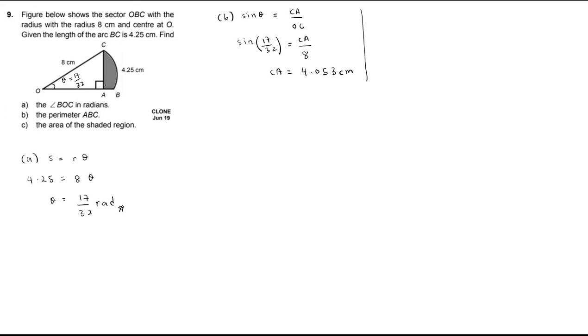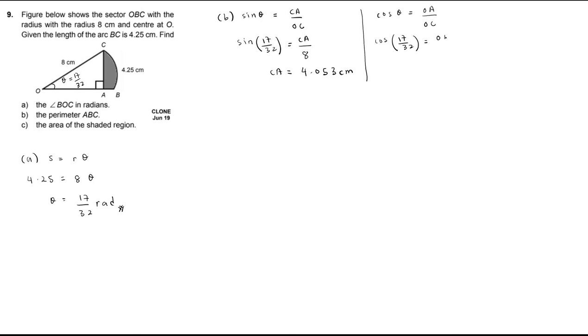So now we know CA. Okay, we want the perimeter ABC. So next we want to find OA. For OA, we can use cos theta. Okay, cos theta equals OA over OC. Okay, the angle theta in radian is 17 over 32.